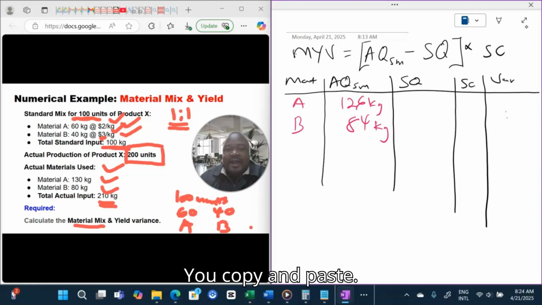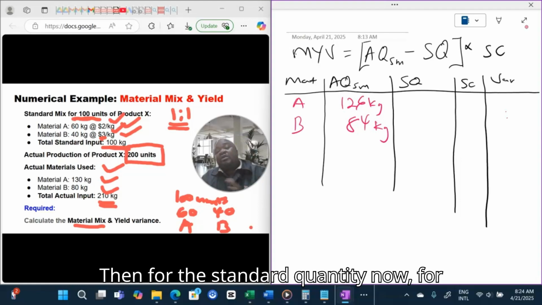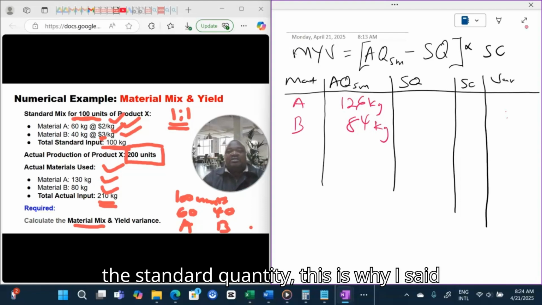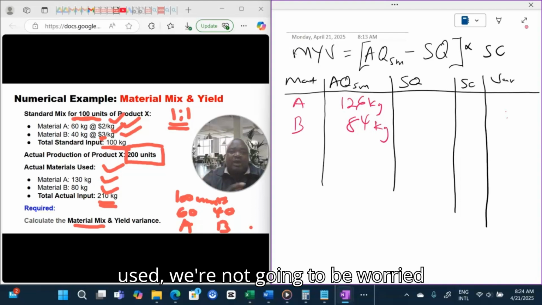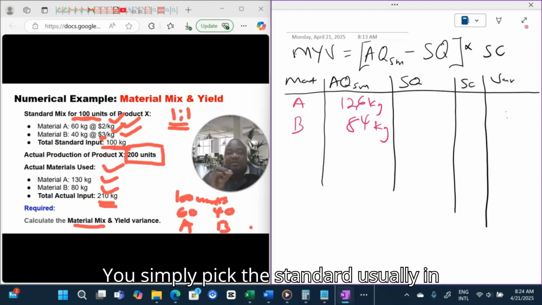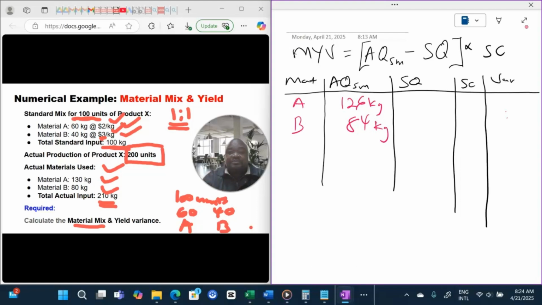You copy and paste. Then for the standard quantity now, this is why I said, if it was a single product or a single material to be used, we're not going to be worried easily. You simply pick the standard. Usually in that situation, it will be given for you.